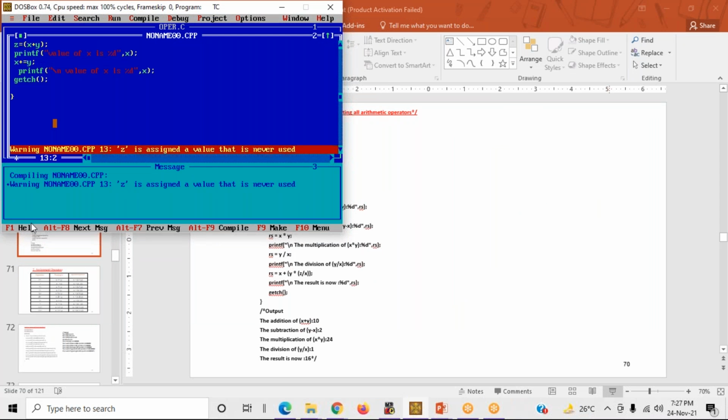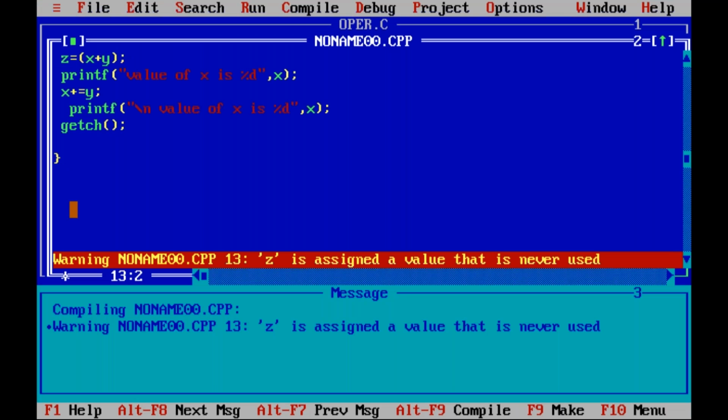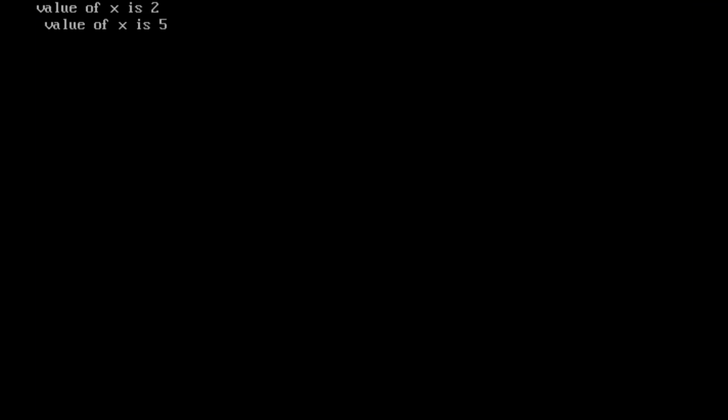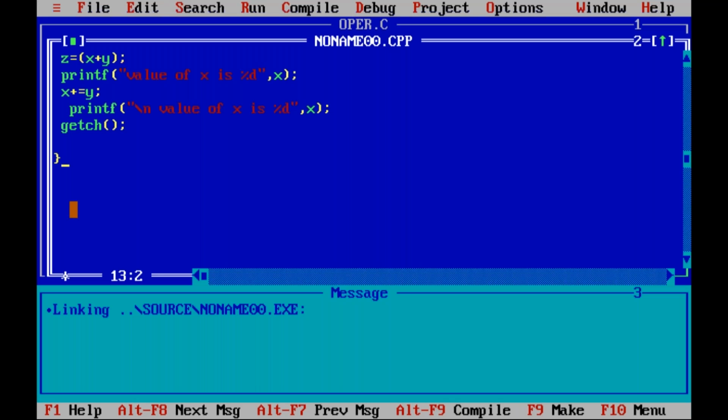Yeah. So no error. We'll run it now. x equal to 2, y equal to 3. So the result, oh, sorry, I have changed here. Fine.